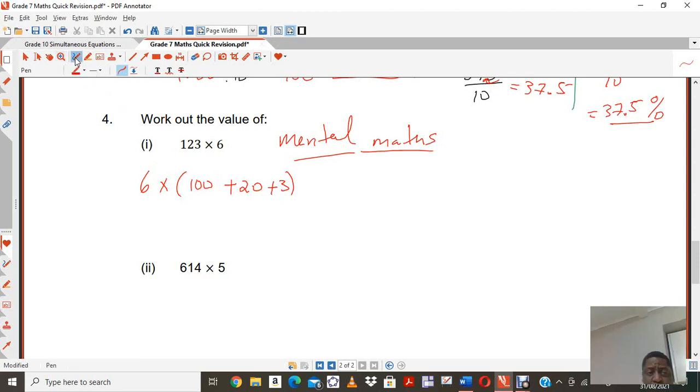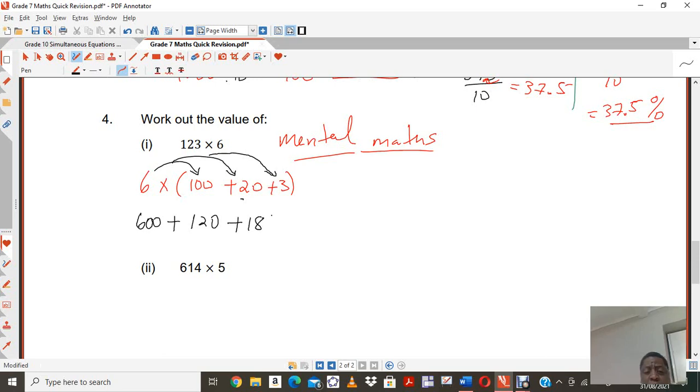I hope you follow. So what we're going to do is multiply 6 times 100. So that is 600. Then you multiply the 6 with the 20, right? You know that 6 times 2 is 12. So 6 times 20 is 120. And then you're going to multiply 6 times 3. And 6 times 3 is very easy. It's 18.